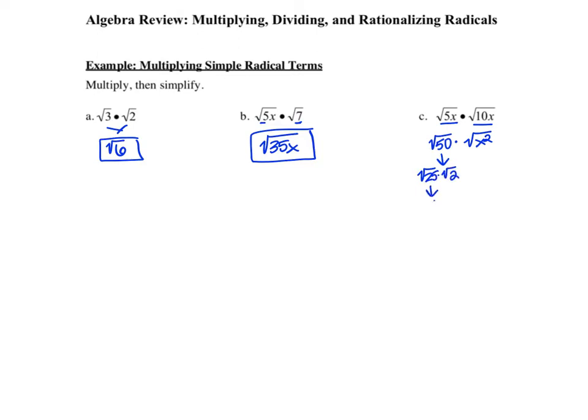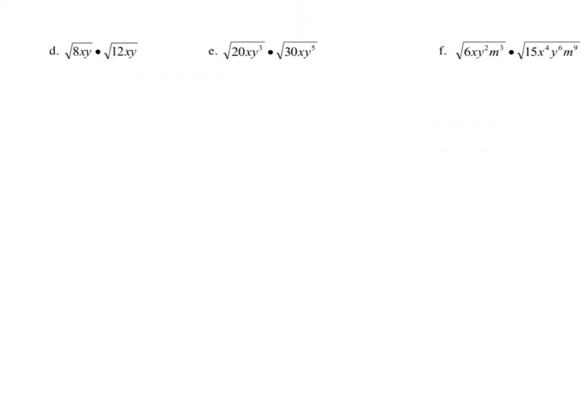The square root of 25 is 5, and then the root 2 cannot be simplified. And then x squared can just be simplified to x. So for this one, remember, we take anything that's not under the radical and we bring it to the front. So that's going to be 5x root 2 for your final answer.